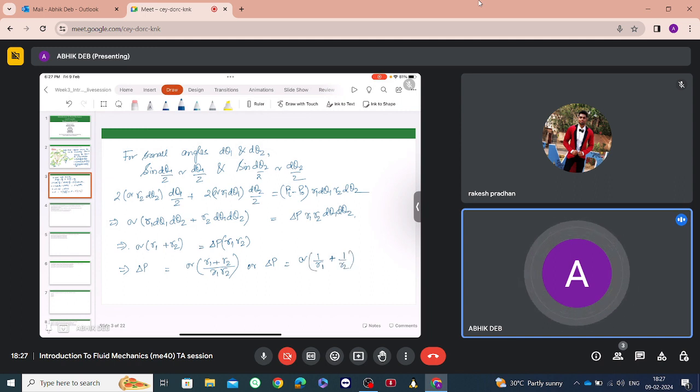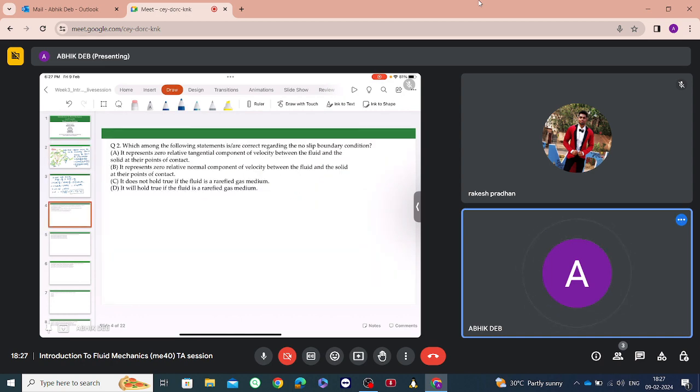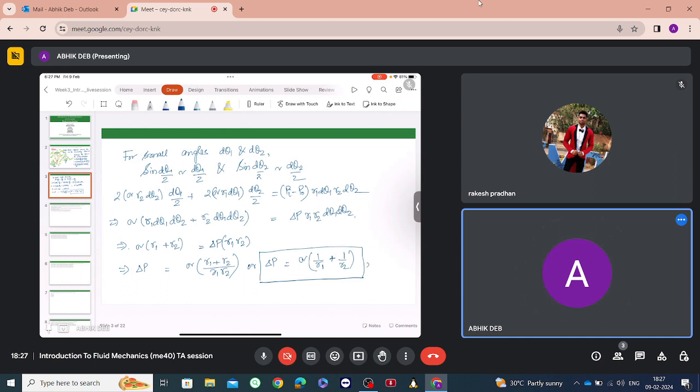So this is the equation for the pressure difference across a membrane separating two fluids.